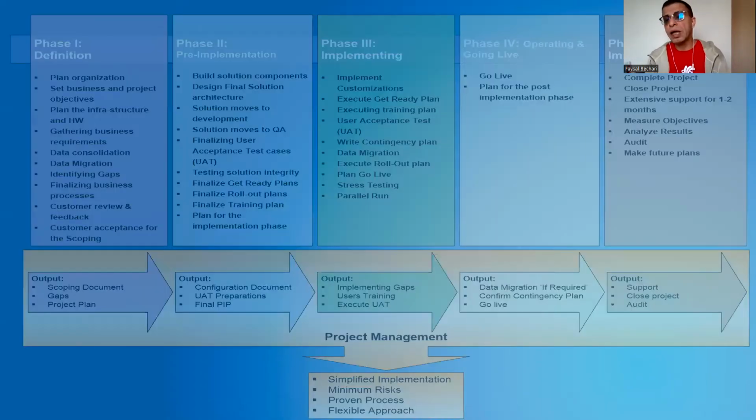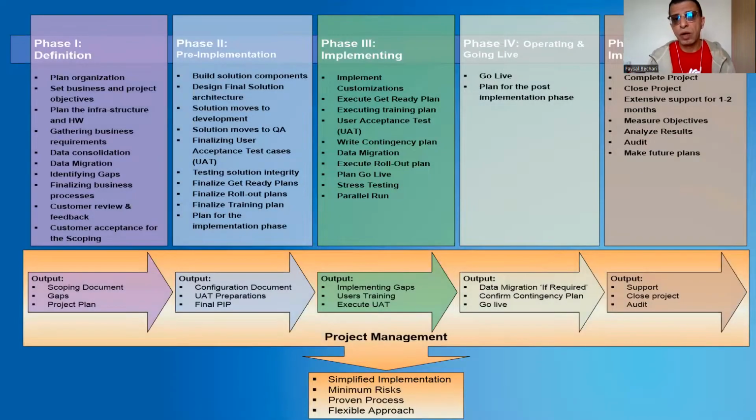So in a project plan, what do you have? You have first a definition, and you look for an output. First of all, overall, a project plan has to be simplified implementation, minimum risk, a proven process, and a flexible approach. But what you're seeking as a project manager is the output.